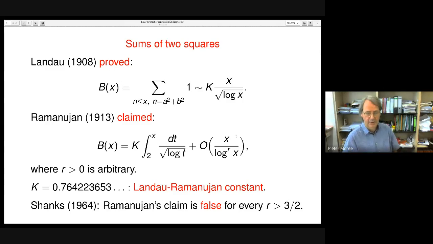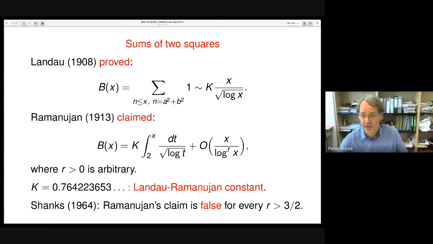So when Hardy wrote back to Ramanujan, he asked him to clarify what he meant with the error term, because he was a bit vague on the error term in the first letter. And so then he clarified it. But for the purposes of our talk, we can set it to be this number.